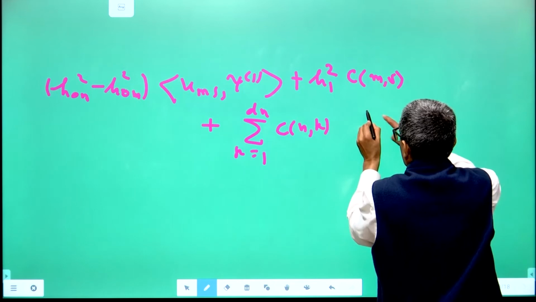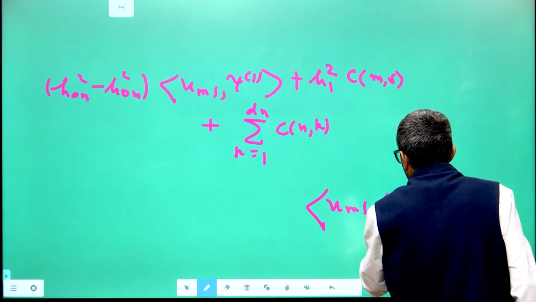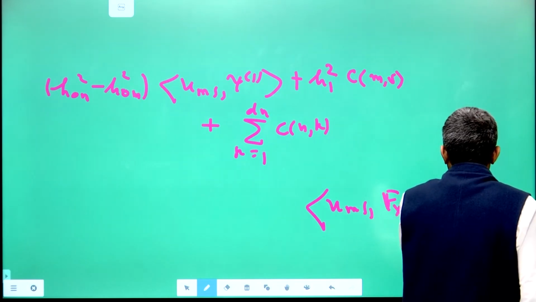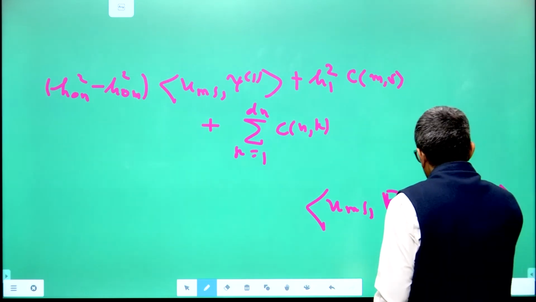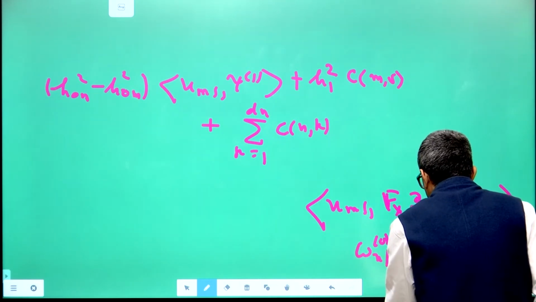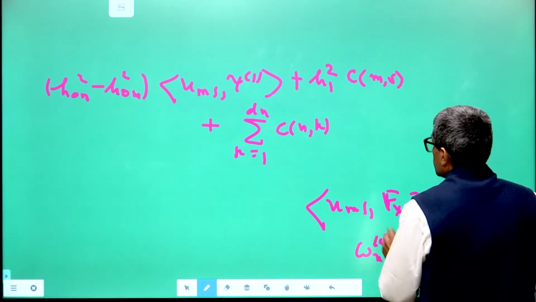That matrix is ums comma fx dou by dou x plus fy dou by dou y, etc., acting on unk. These matrices depend on omega 0 np, as we saw, and they also depend on h0n square.